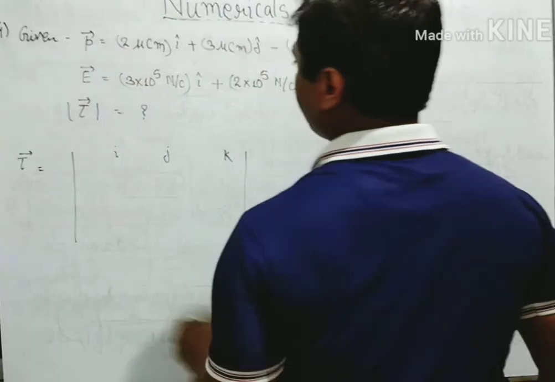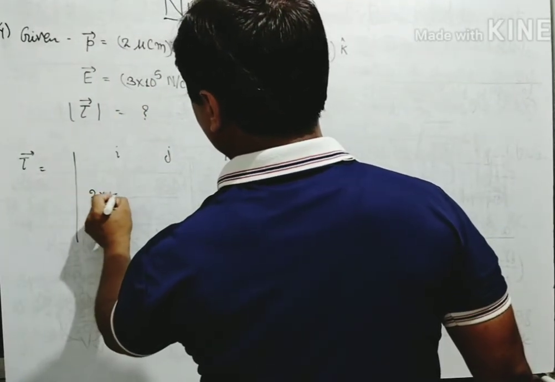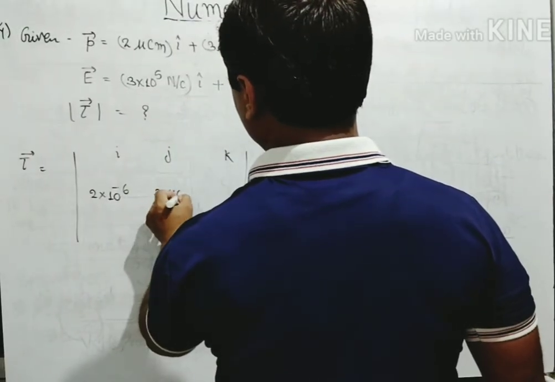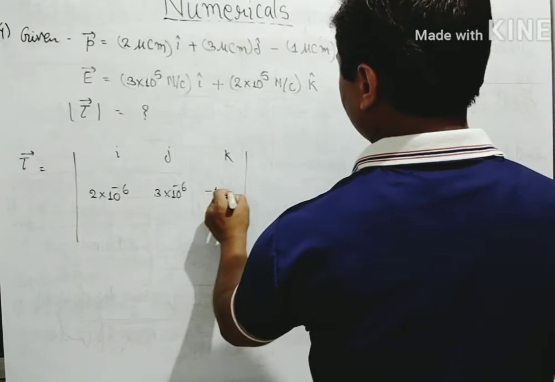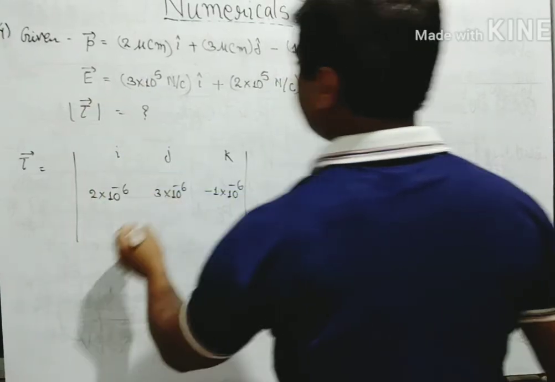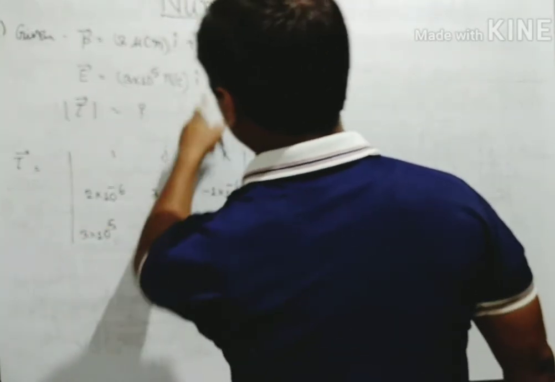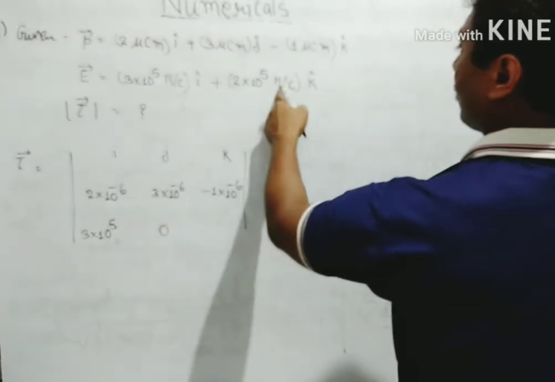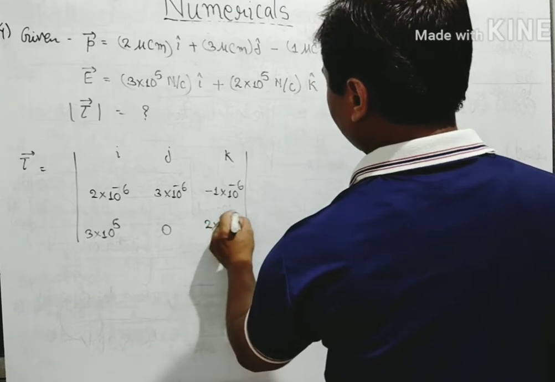So we write 2 into 10 power minus 6, 3 into 10 power minus 6, minus 1 into 10 power minus 6, and E is 3 into 10 power 5. J cap is missing, so we write 0 here under the j cap column. Now here 2 into 10 power 5.